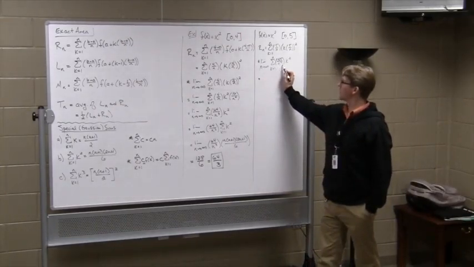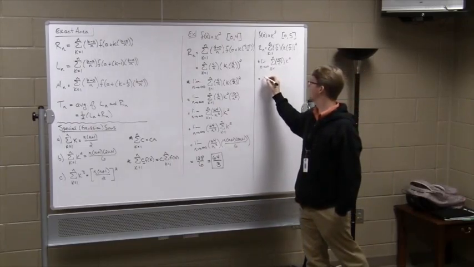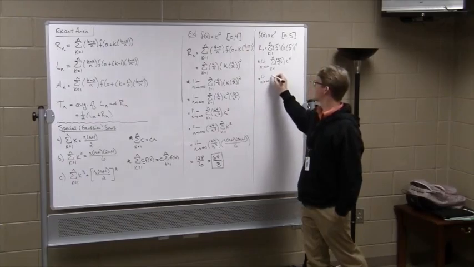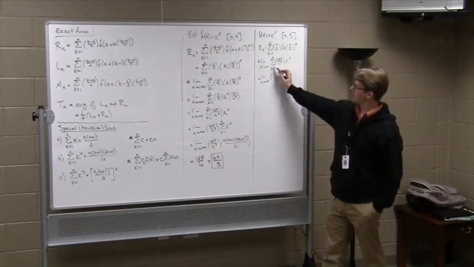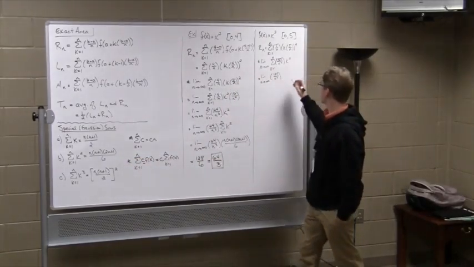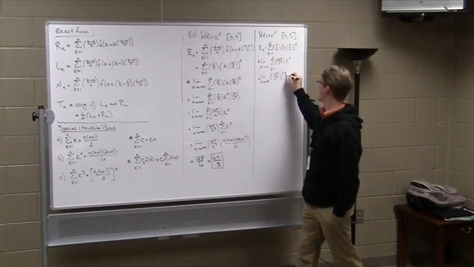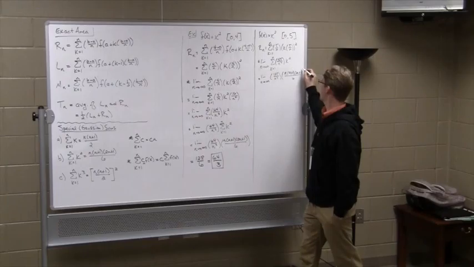This being just a number will come out front. So we're going to have 125 over n cubed. And then the stuff that's left over is still that same formula: n times n plus 1 times 2n plus 1 all over 6.